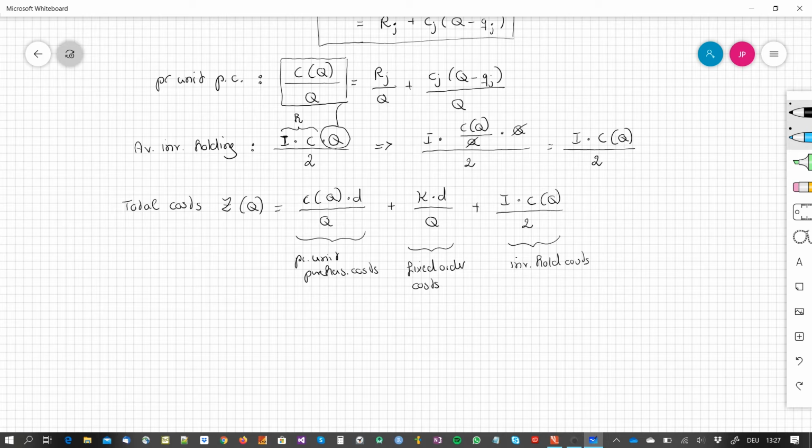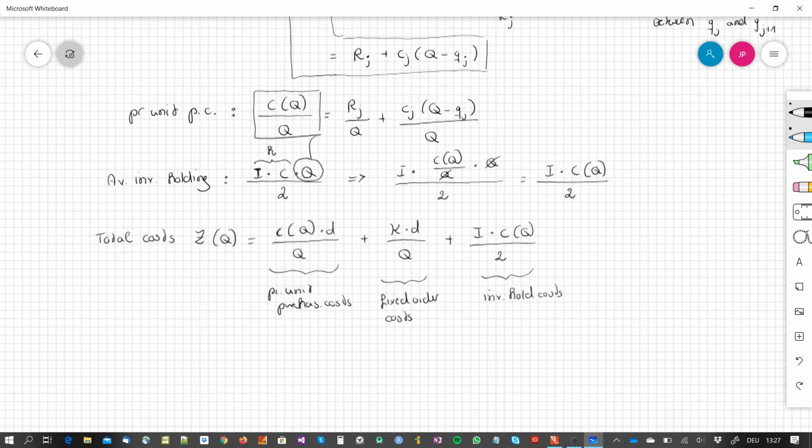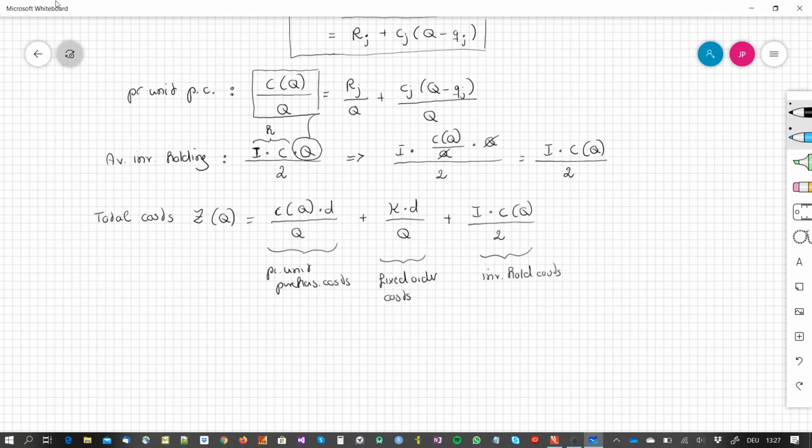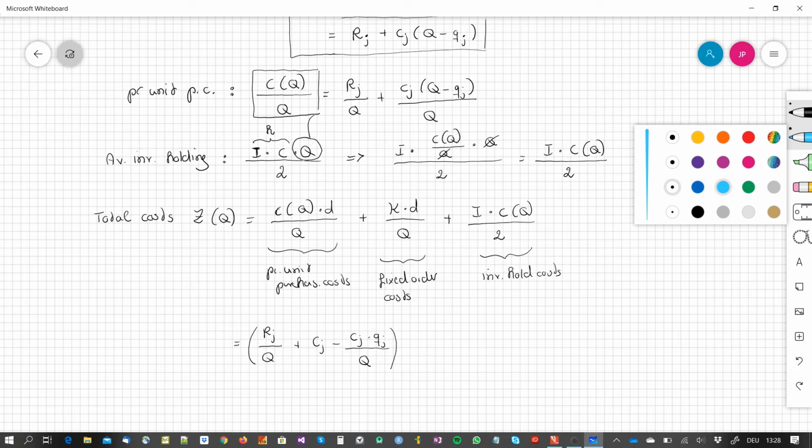We set in now the terms that we have derived beforehand. So for the per unit purchasing cost, we set in Rj divided by Q plus Cj minus Cj multiplied by Qj and Q. I highlighted this so that you know where these terms come from.